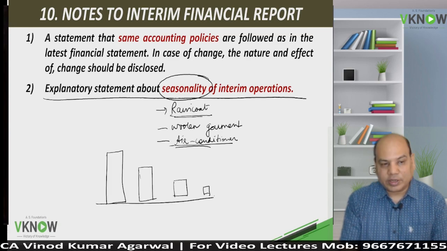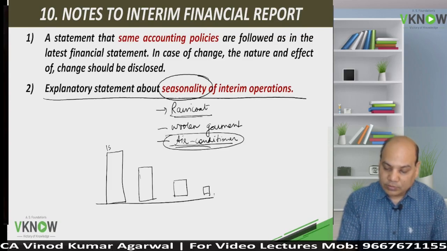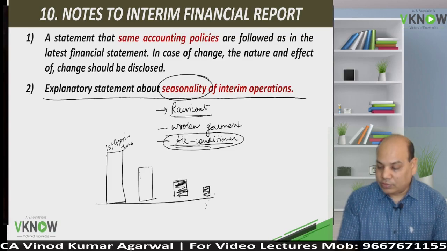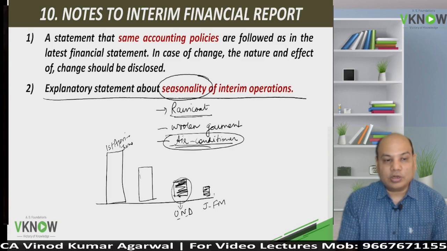It can fluctuate. Okay, in some cases like air conditioner business, first quarter, April to June quarter will have a very high sale, but as you go towards third quarter and fourth quarter, that is January, February, March, or maybe October, November, December, the sales will fall.